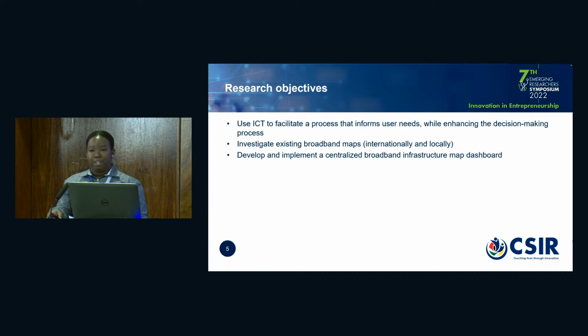It was also found that in South Africa, there is no single view for broadband infrastructure or service. We only rely on the coverage maps from the service providers. So the objective of this research was to develop and implement a centralized broadband infrastructure dashboard.